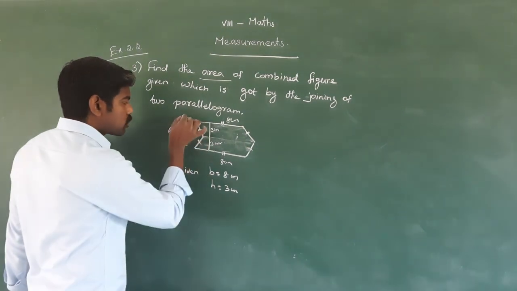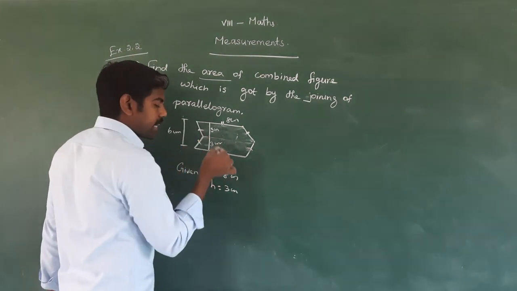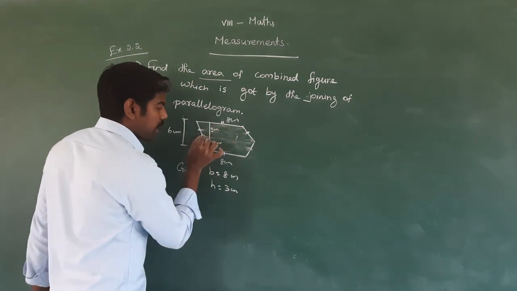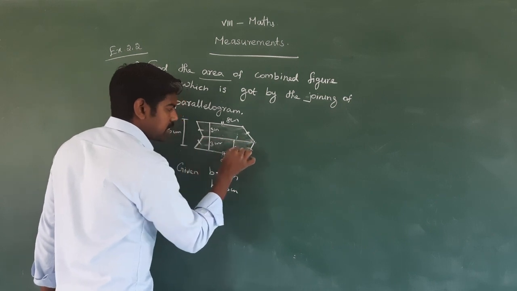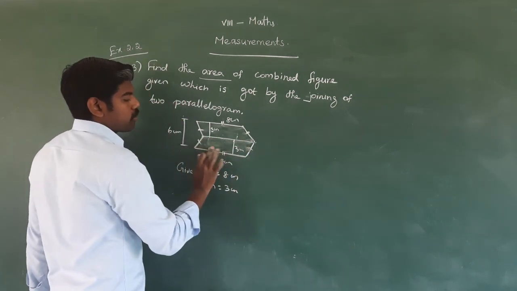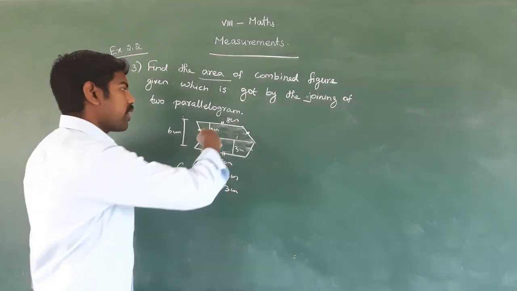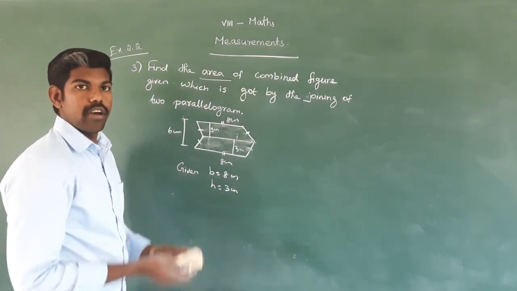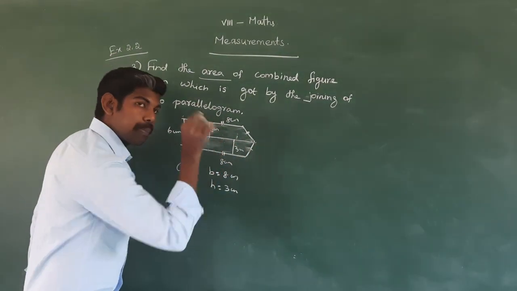Listen carefully. 6 is the total height. Now I take the height of one parallelogram, which is 3 centimeter. The height of another parallelogram is also 3 centimeter. Now first find the area of one parallelogram.